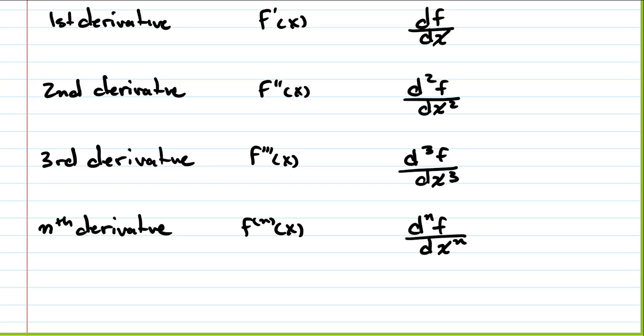So we will see both the prime notation and the Leibniz notation, the df/dx, and both of them have uses. For those of you that are going to go on and study differential equations and a lot of other things, the Leibniz notation is very powerful. We will use it a lot in the next chapter when we start writing out certain rules.